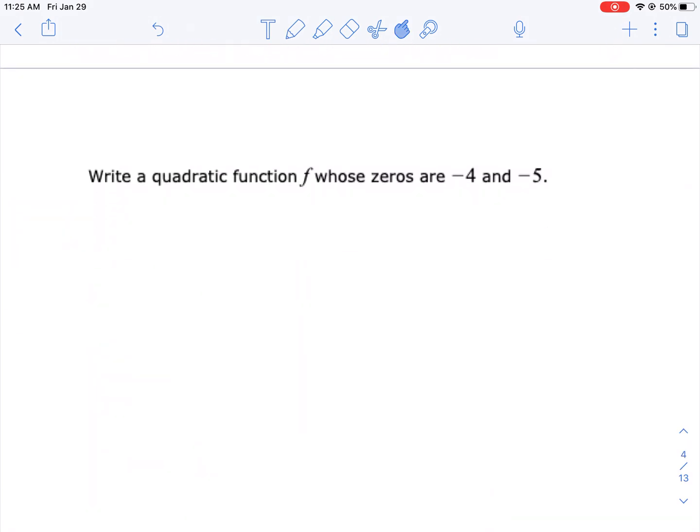Now in the next question, it's backwards. I told you the zeros. I want you to tell me the function. So what we're going to do is we'll start here. We know our answer. I'll use x. So x equals negative 4, or x equals negative 5. Then I want to make them equal to 0 so I can use the zero product property.